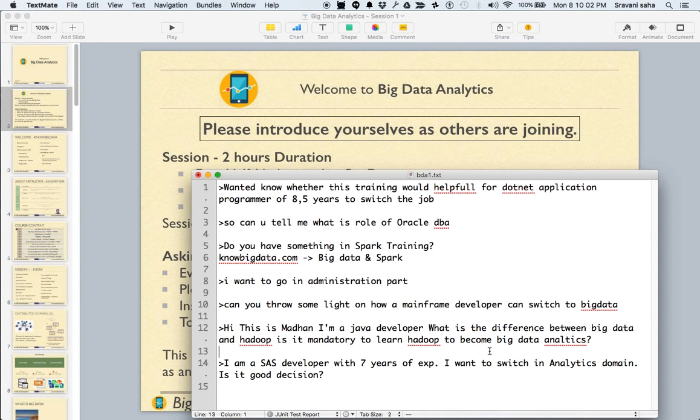Is it mandatory to learn Hadoop to get into analytics? The answer is no. The big data analytics course will teach you everything related to big data and everything related to Hadoop that is required only for analytics, not for the development or building the components part.